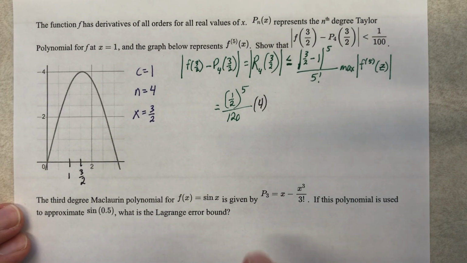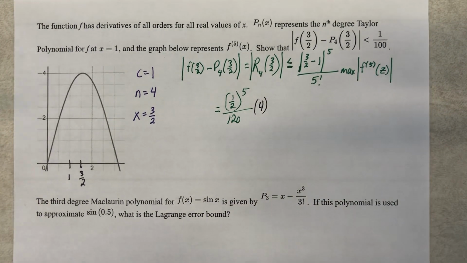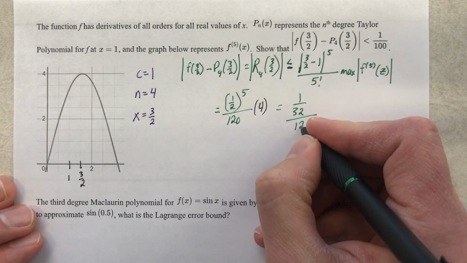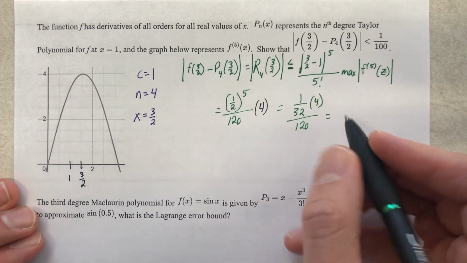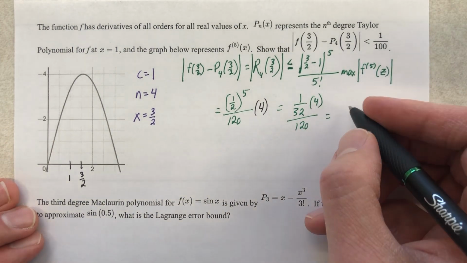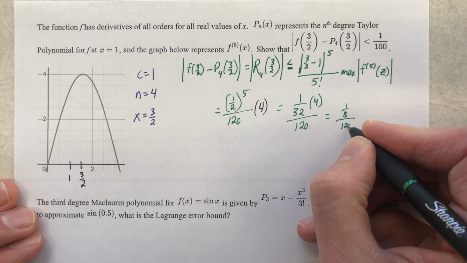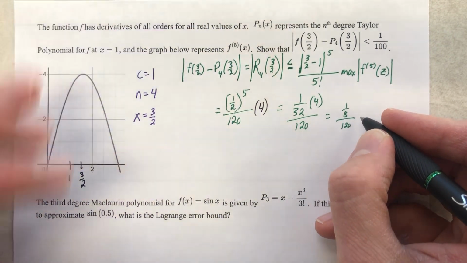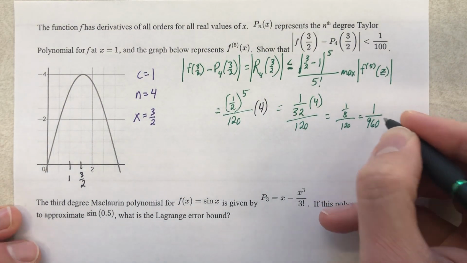There we go. So what we're going to do is figure out what this is. This had better be less than 1 over 100, and then we will be like, oh, mission accomplished. So here goes. This is 1 over 32 over 120, and then we're going to put that 4 up in the numerator. 4 over 32 is going to give me 1/8. 1/8 divided by 120 is going to give me 1 over 960.